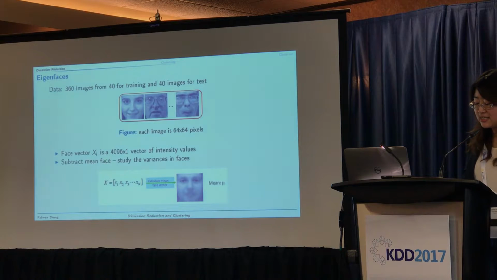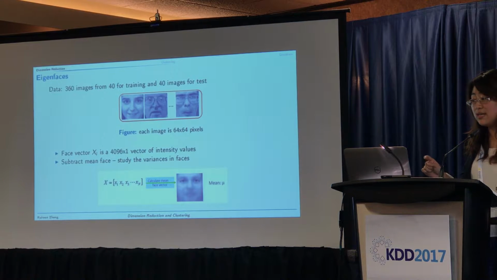Here is an interesting example of using PCA for facial recognition, and it's named eigenfaces. We use the ORL face database for demonstration, and the data set consists of 400 images of 40 people, 10 from each person.